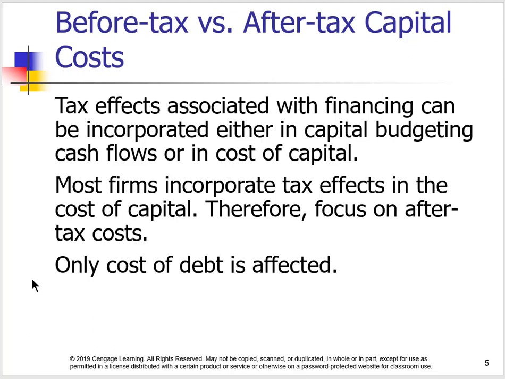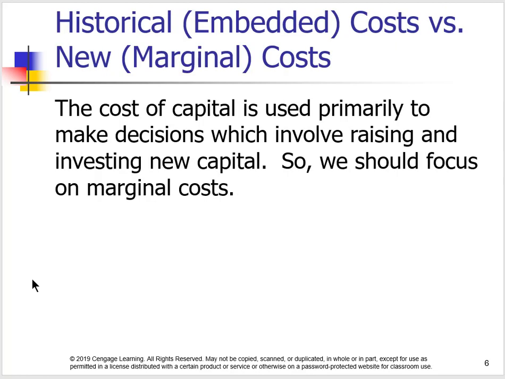Now, when you think about the other, like for instance, common stock, there's a before tax cost of common stock, but that is exactly equal to the after tax cost of common stock because there's no influence, so there's no change. So how can we find or look at these costs? We can look at historical costs or new costs.